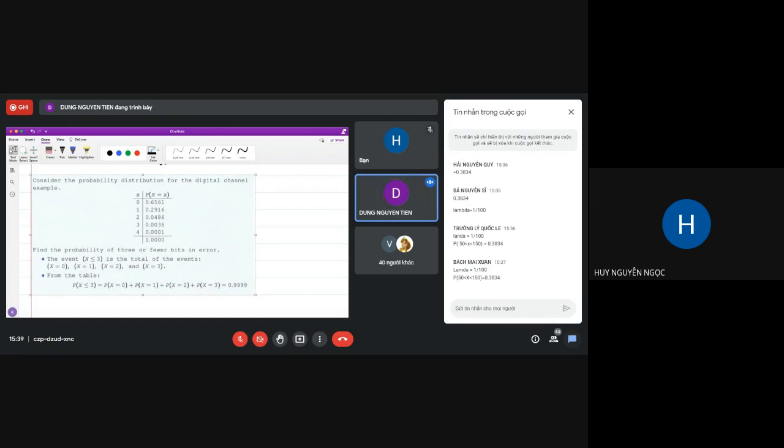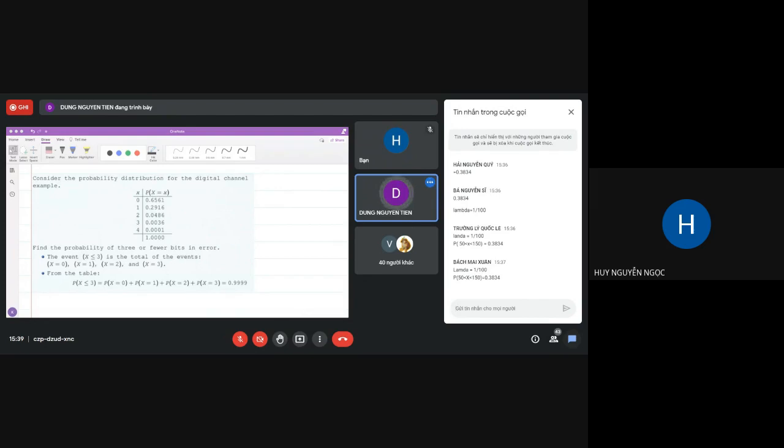Okay, and you can also compute the probability that X is less than or equal to 2, or 4, or 0, or 1. And then the probability that X is less than or equal to u is called the cumulative distribution function of a random variable.